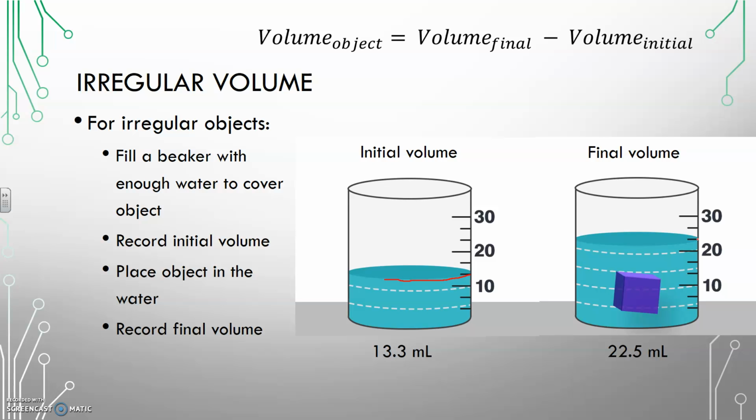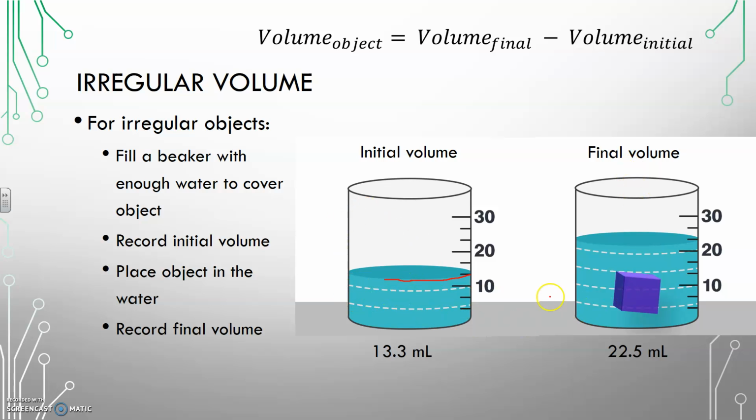So the next thing, you've got the data that you need. The only thing that changed between your initial volume and your final volume was the addition of the object. So the volume of the object is equal to the final volume minus the initial volume.